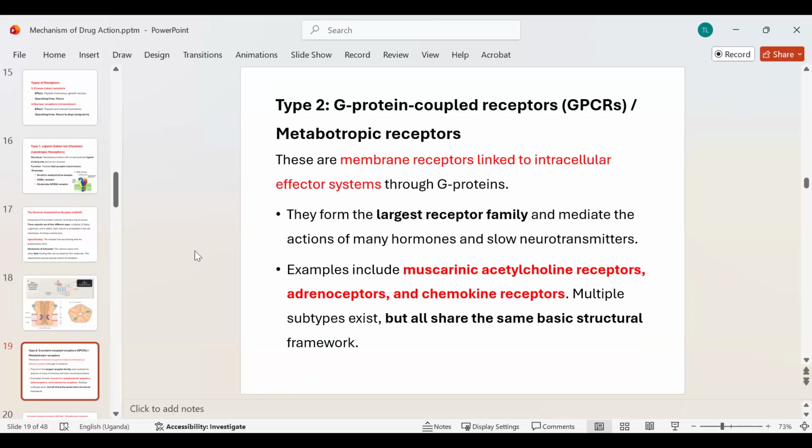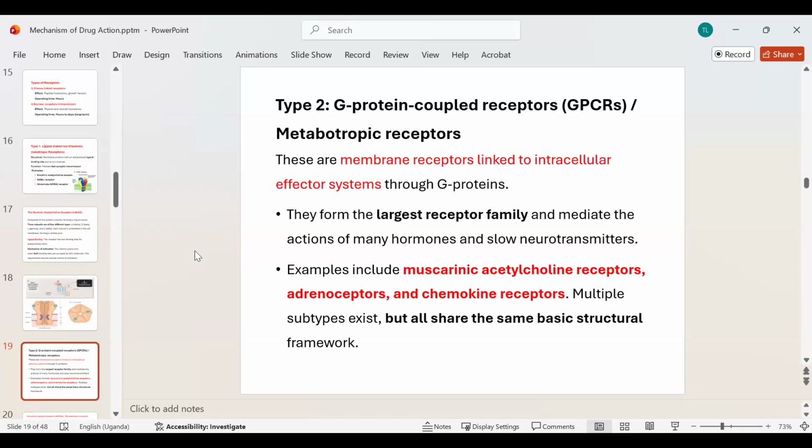Unlike the other ones, the ligand-gated ion channels we've just talked about, or ionotropic, these metabotropic type of receptors have 7 transmembrane rings.